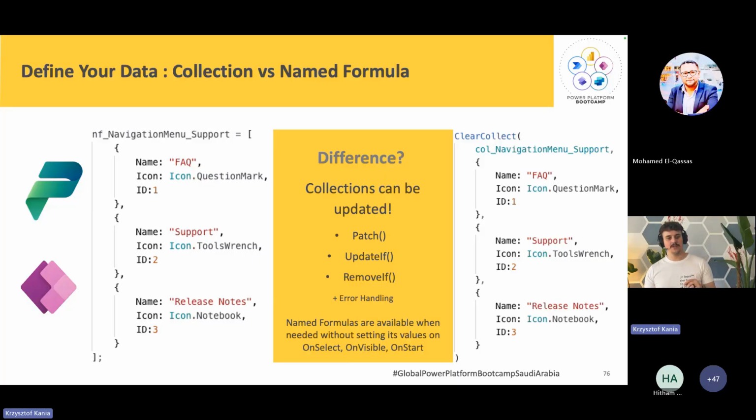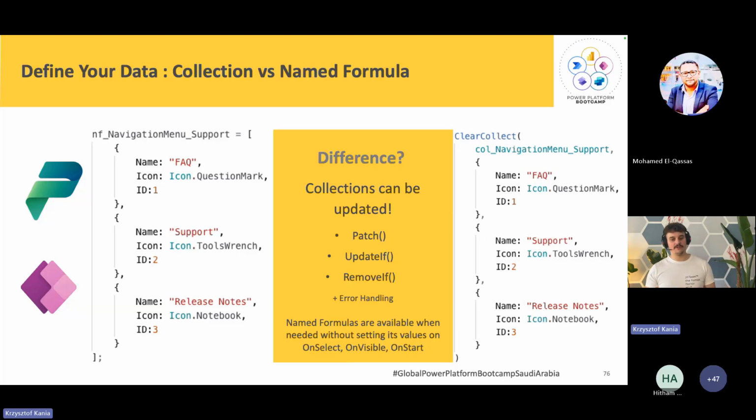Okay, now, what are the similarities and differences between collections and named formulas? First of all, collections can be updated. You can influence that update. Based on the session I had with you last year about the sidebar navigation, it used the same approach: you can create a collection that you can update.